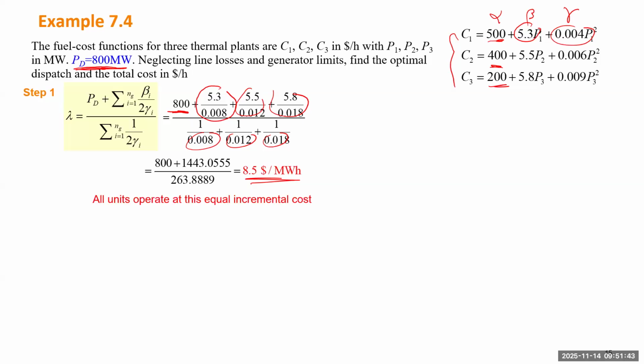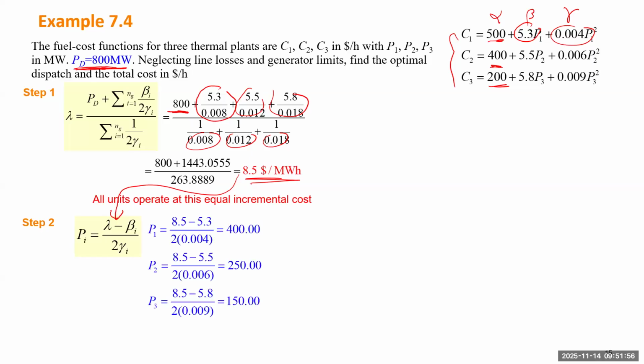Then go to step number 2. You just plug in this value into this formula. You can calculate P. Because beta and gammas are different by units, so the P1, P2, P3 are all different. So P1 has output of 400 megawatt, P2 has 250, P3 is 150.